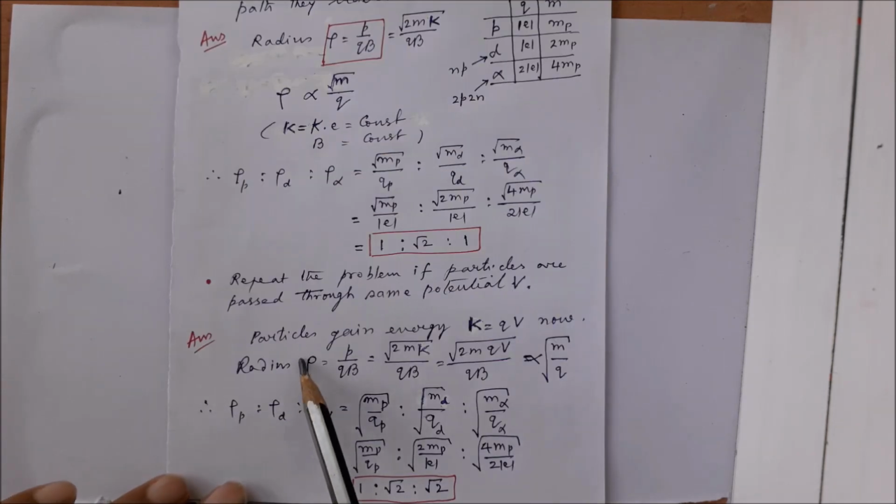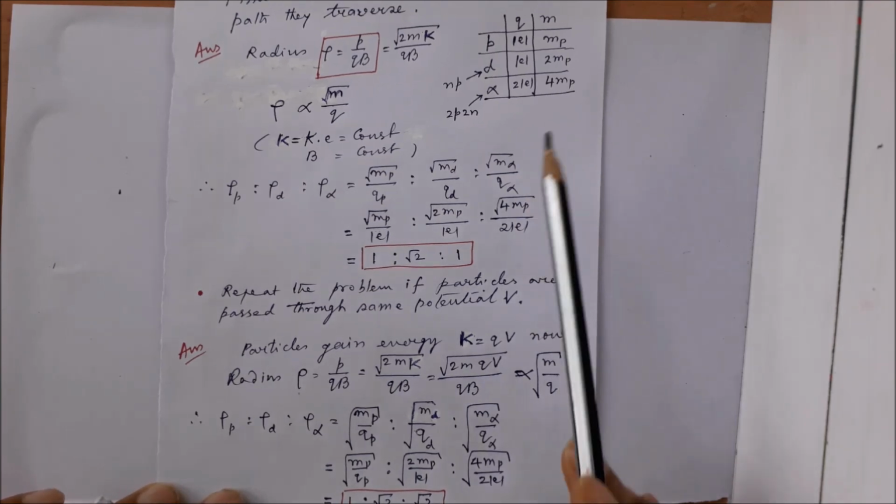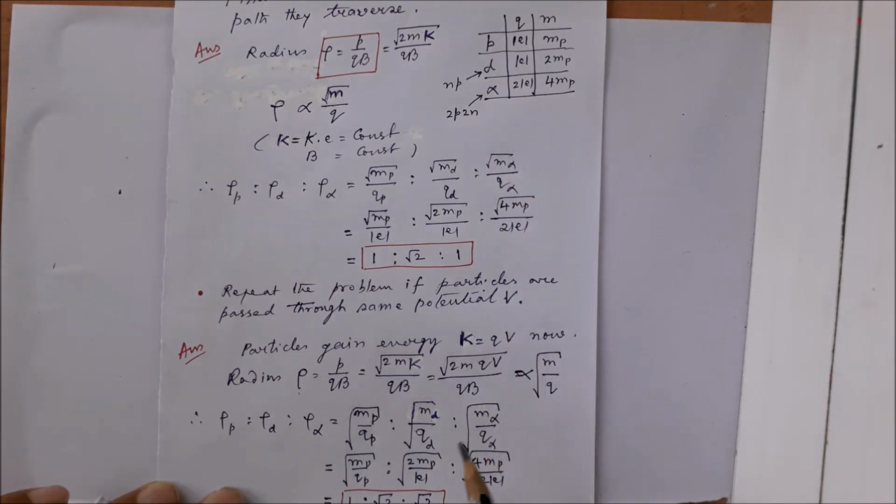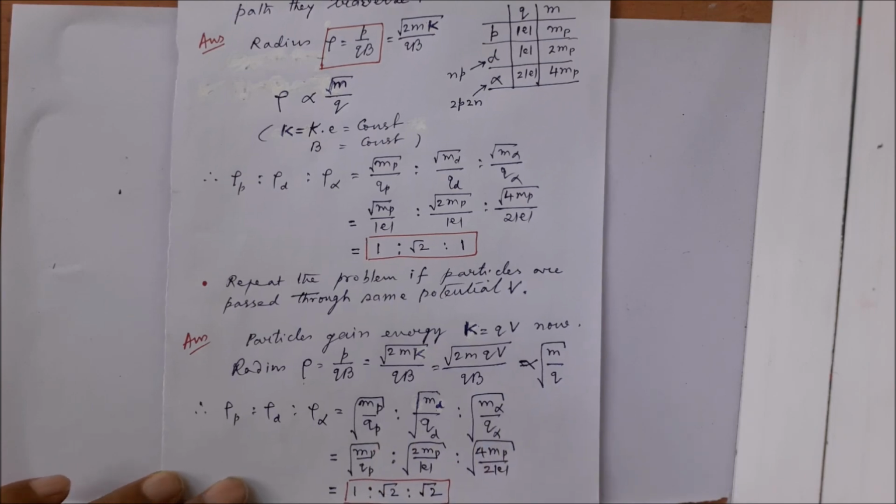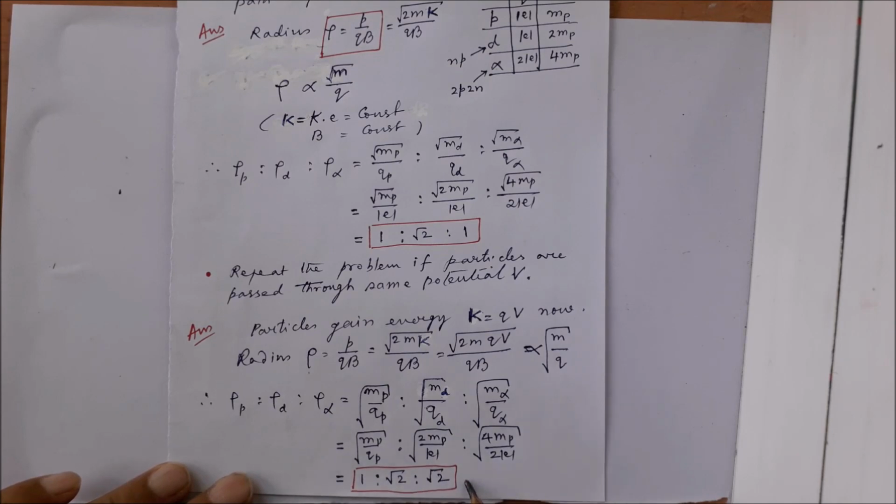So now the expression for radius in terms of kinetic energy will be replaced by QV, and therefore rho now is proportional to under root m by q, and therefore the ratio now takes a different value. Here we have again used this chart to put the values of the masses and charges correctly, and if we do that we end up with this ratio.